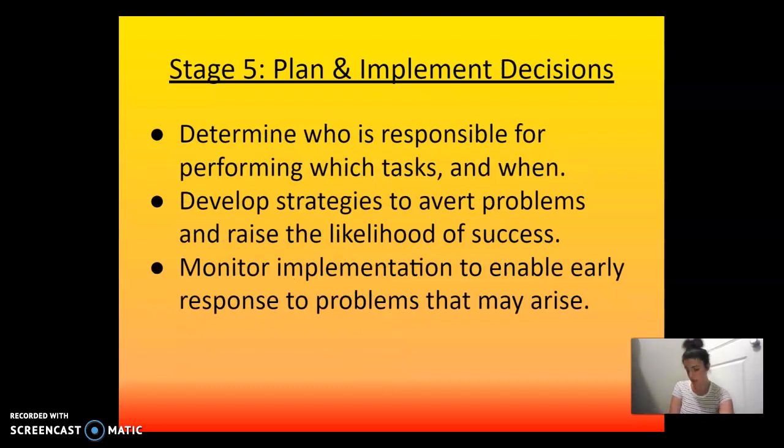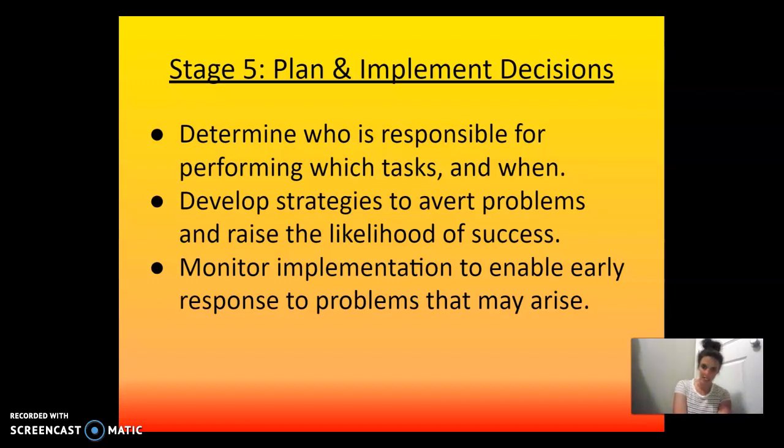So the goal at that point, after you've processed through the conflicts, and honestly, sometimes there comes a point where there's a stalemate and the agency plays the trump card based on what agency policy is, or your supervisor plays the trump card because they are in the position of power.